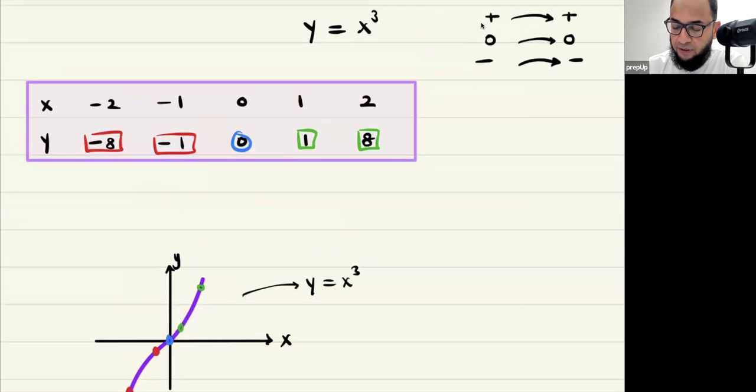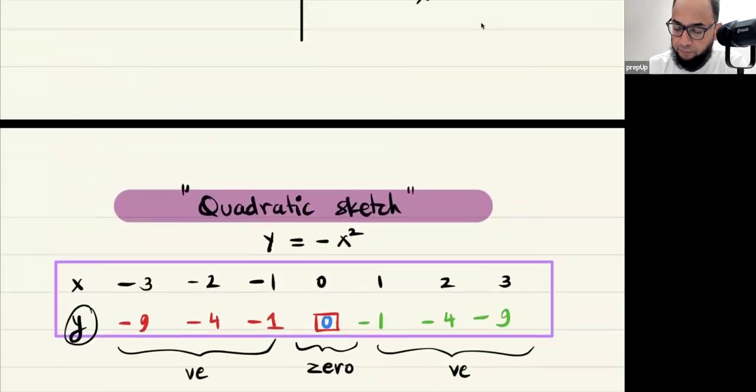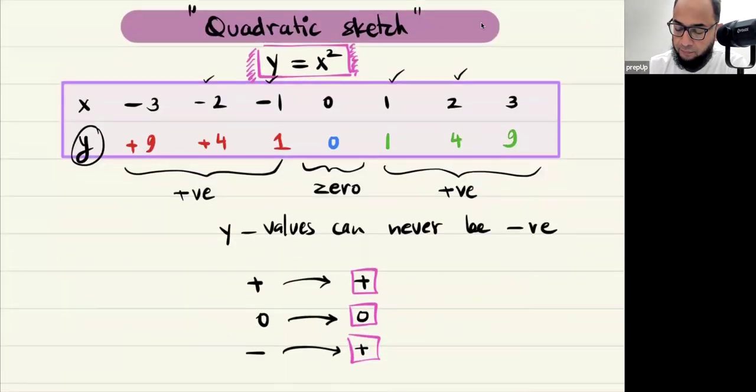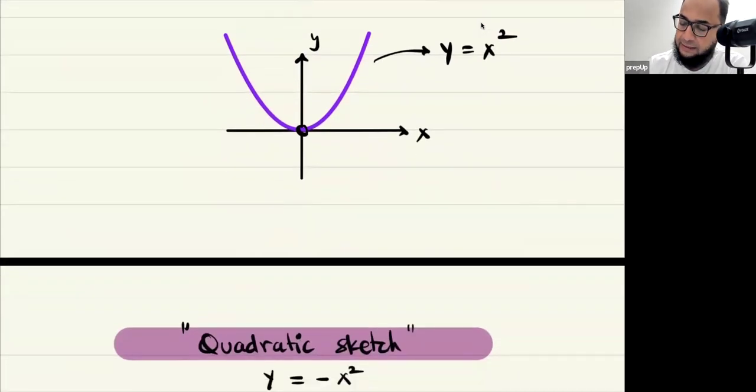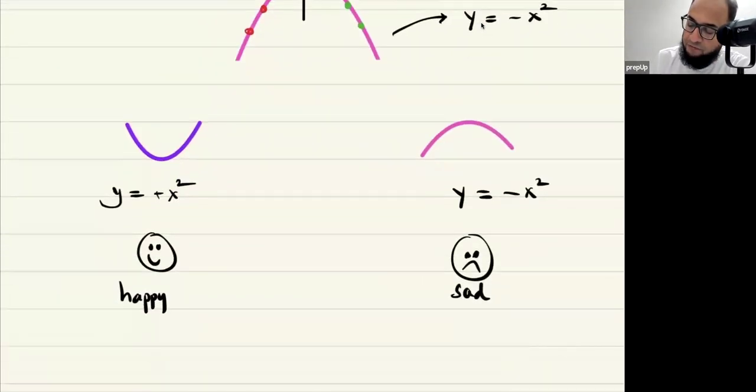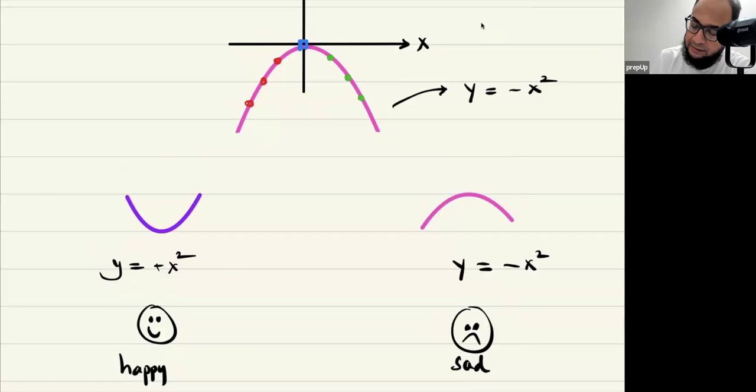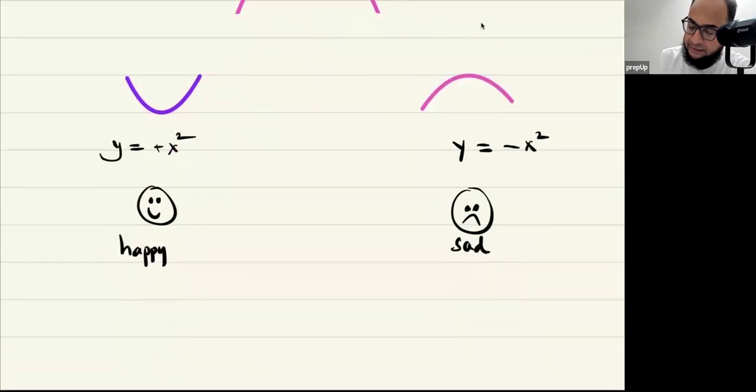Now it's time for a little bit of thinking. What is that thinking? First, the graph of y is equals to x square was like this. The graph of -x square is like this. That's this one. Because of this negative, it is reflected in the x-axis. Just have a look. This is like this.